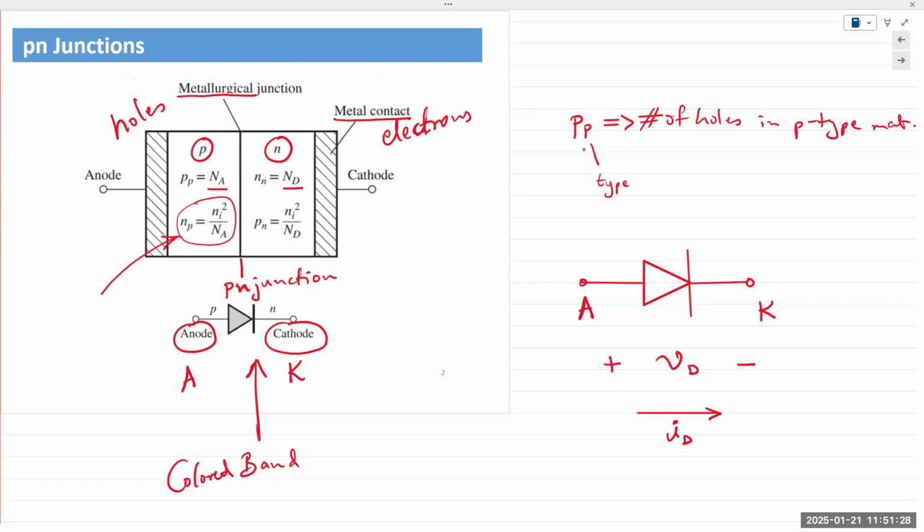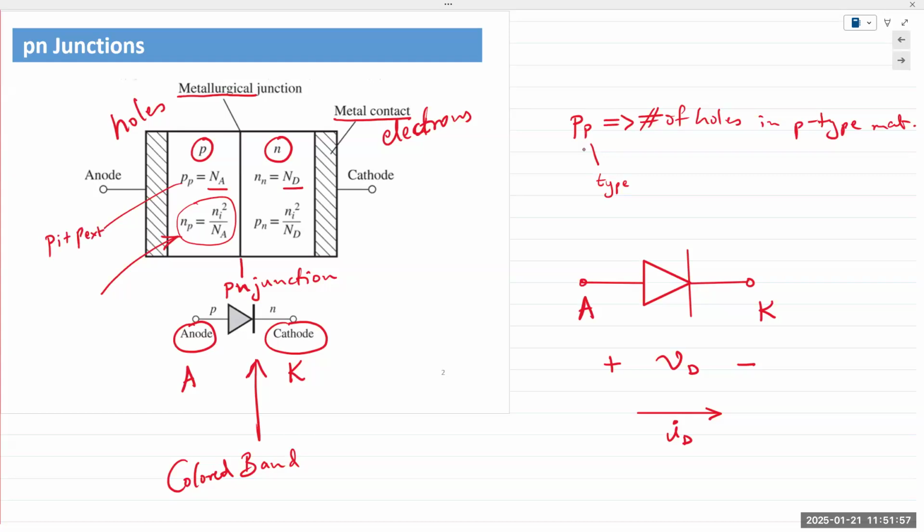Okay, so Ni is the product of the intrinsically generated holes and electrons, right? So that's Ni square. And then this P, of course, is Pi intrinsic plus the external doping.